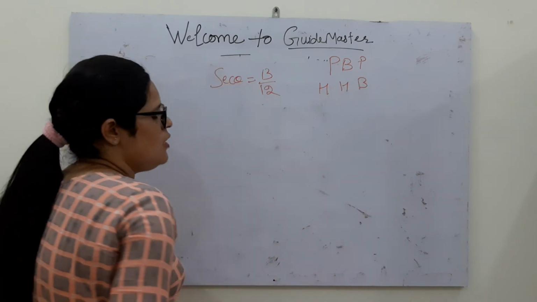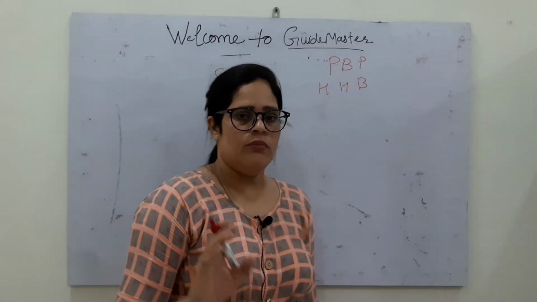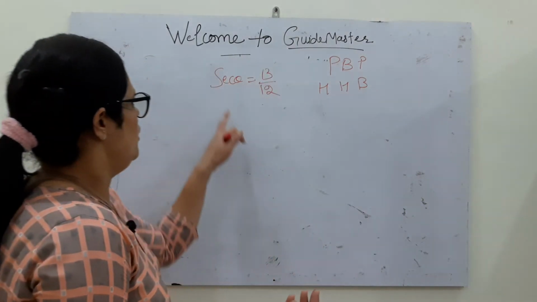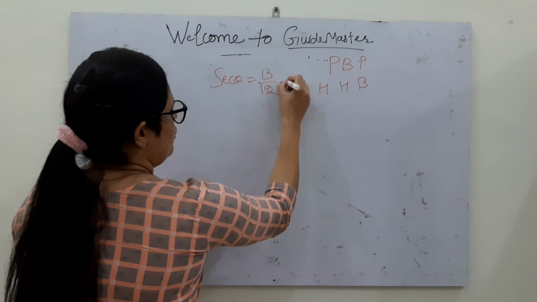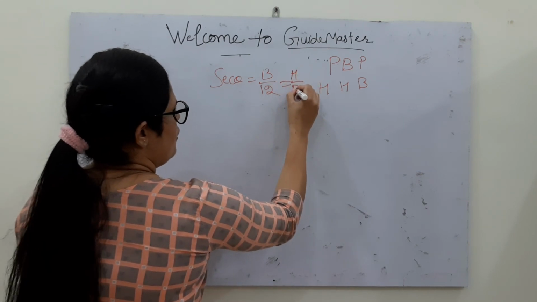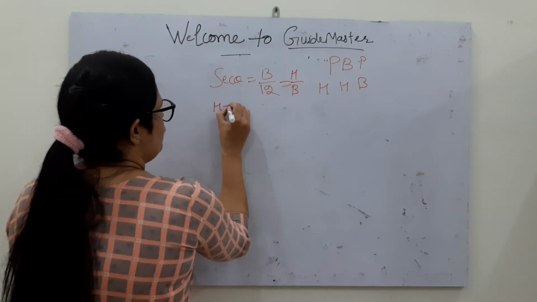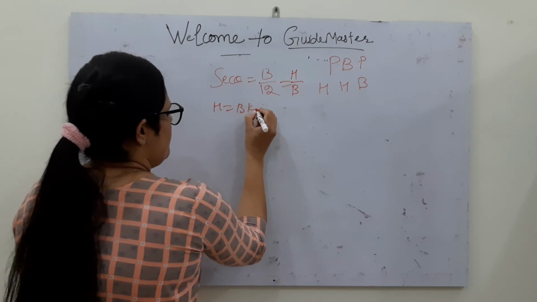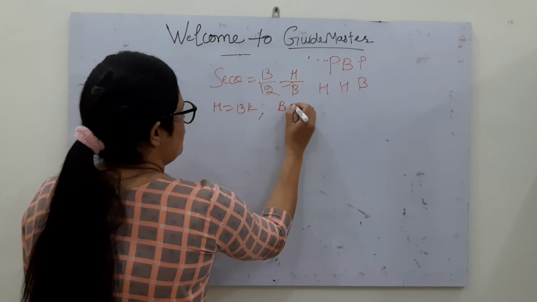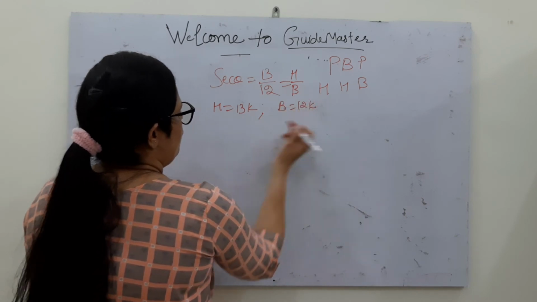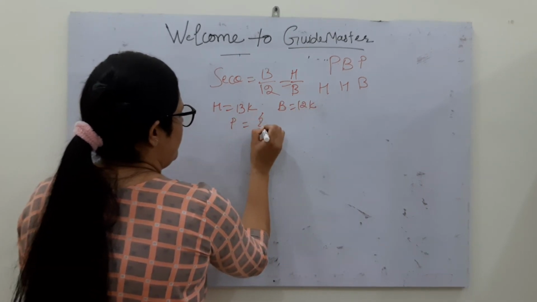So secant theta is the reciprocal of cos theta, that is B upon H, so it becomes H upon B. So here H is equal to 13k, and B is equal to 12k. First we are calculating the perpendicular.